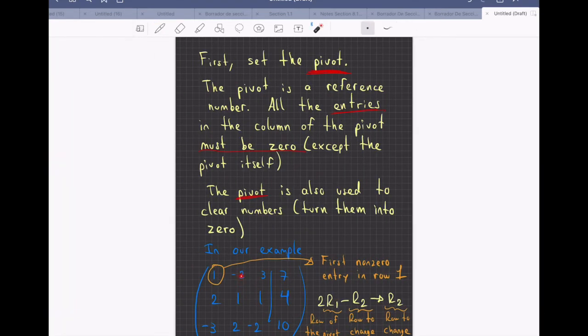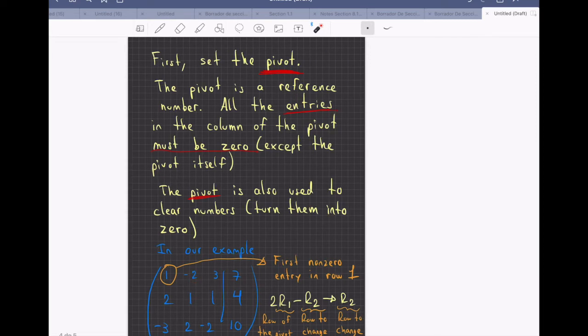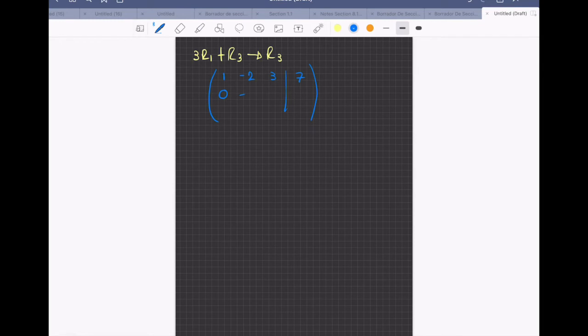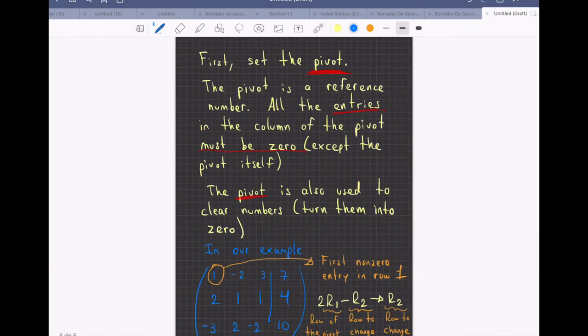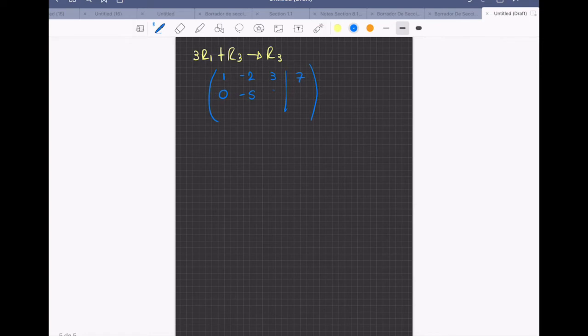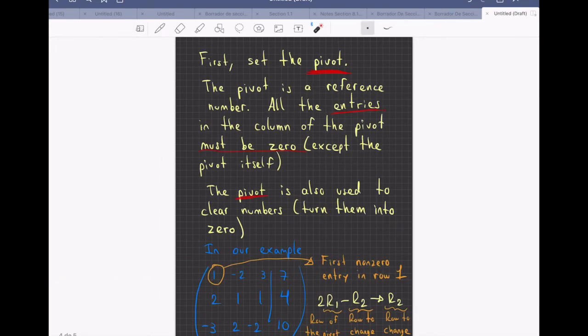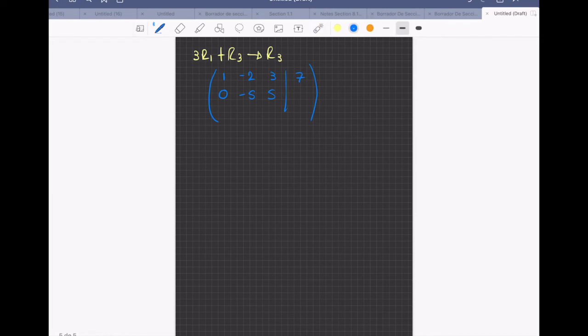Be careful with the signs. 2 times -2 is -4, minus 1, -5. 2 times 3 is 6, minus 1, 5. 2 times 7, 14, minus 4, 10. You see? But now I have a 0 here. See that? 0.